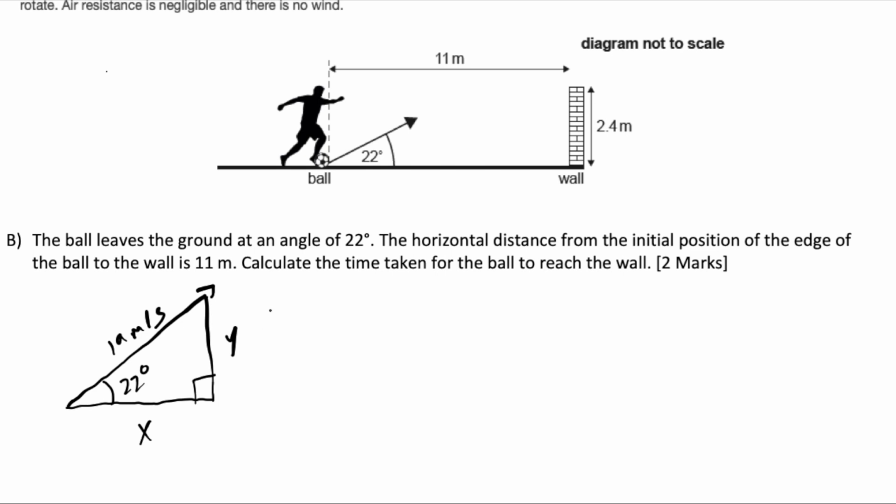So how do we find x? Well, we know we are given a hypotenuse and an adjacent side to the angle. And every time we have an adjacent side, we always have to look at cos. So cosine of 22 degrees is equal to the adjacent x over 19.